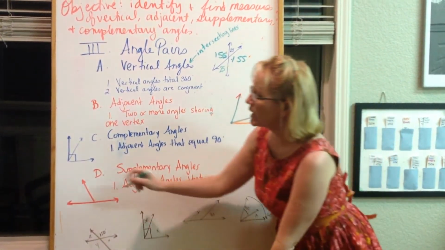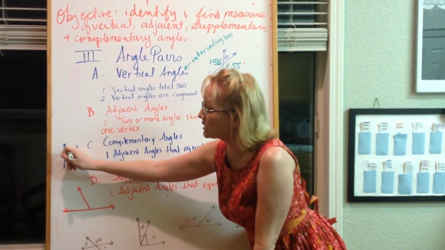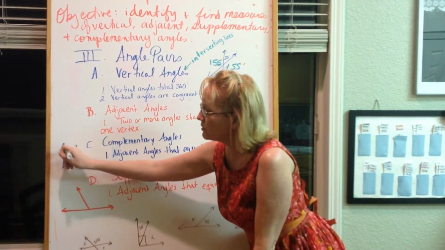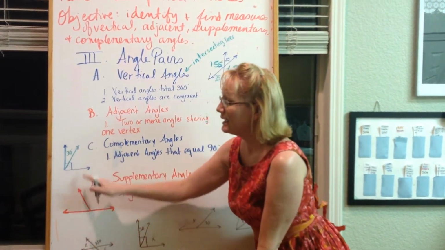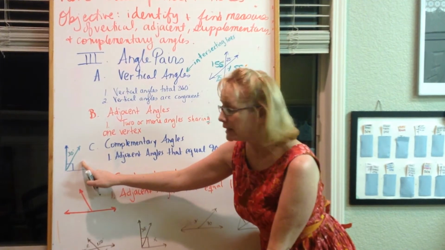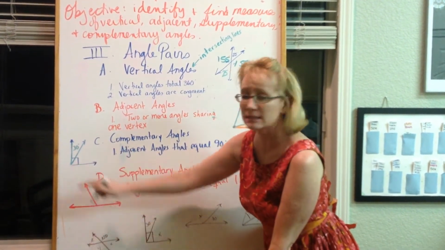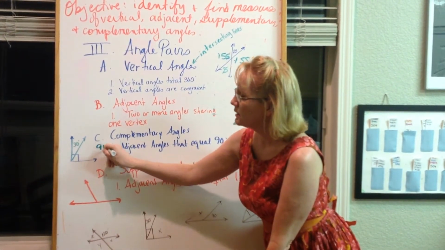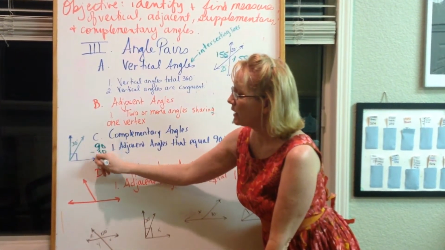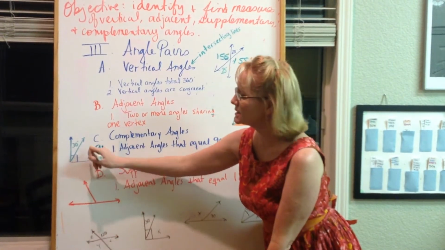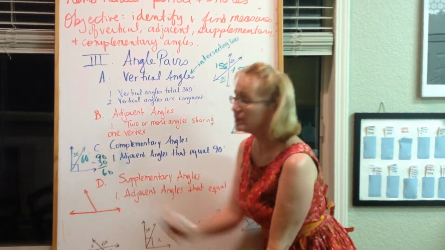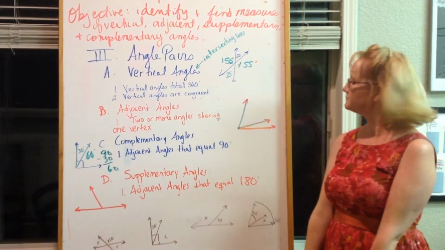So if this angle is 30 degrees, how much does this angle have to be? Together they have to equal 90, so I take away what I know, and my missing angle is exactly 60 degrees. Yay them.